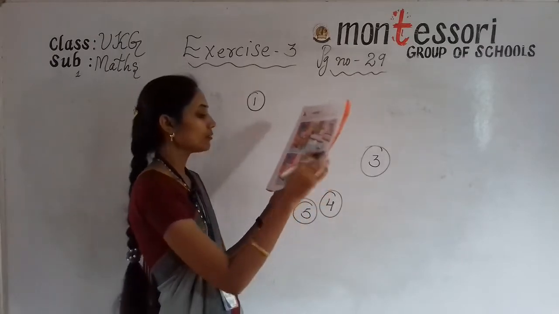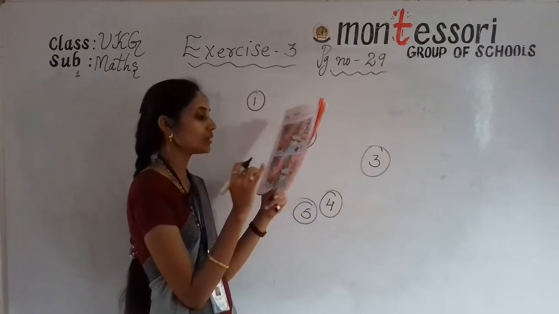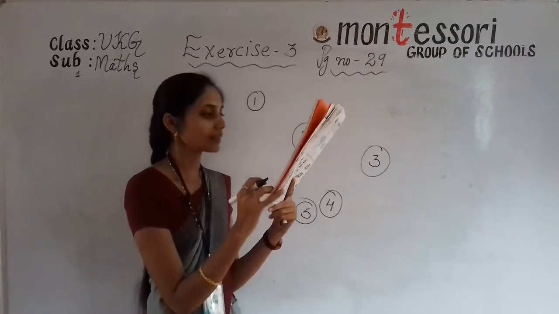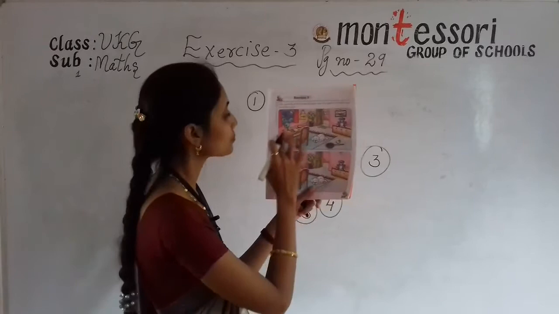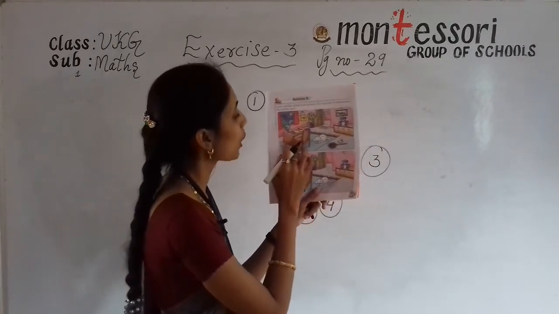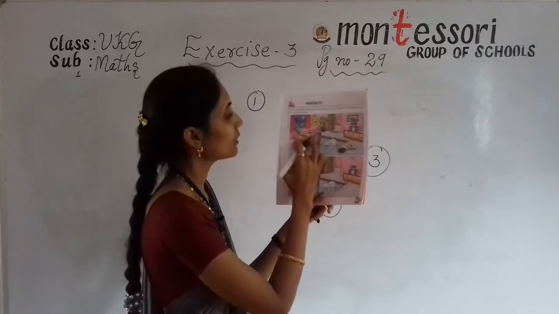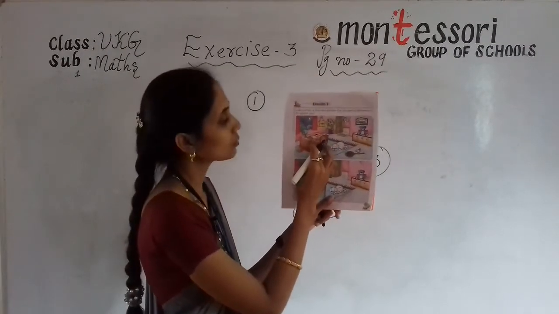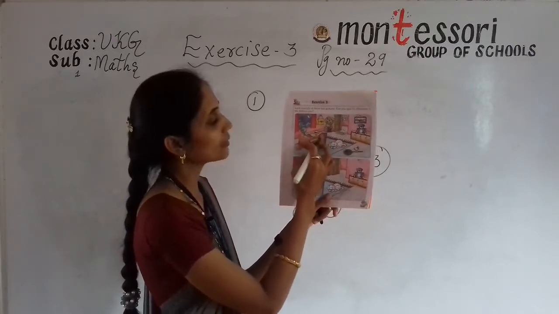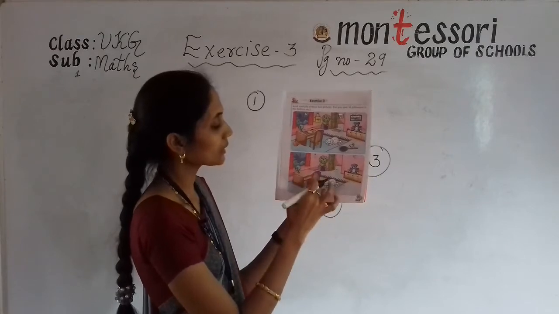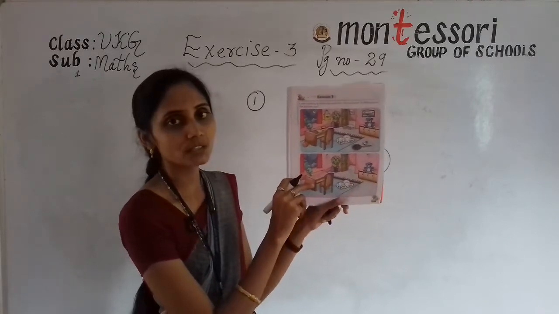Now we have completed number 5. Now next one, look at the table. Upon the table we can see 3 things: 1 pen, 1 green color book and 1 violet color book. Can you see that in the second picture?